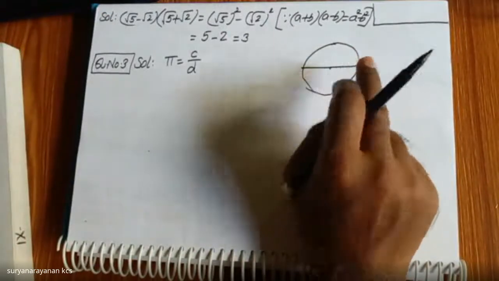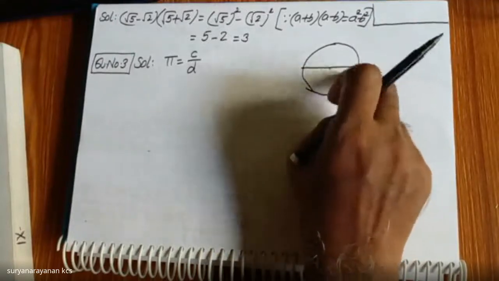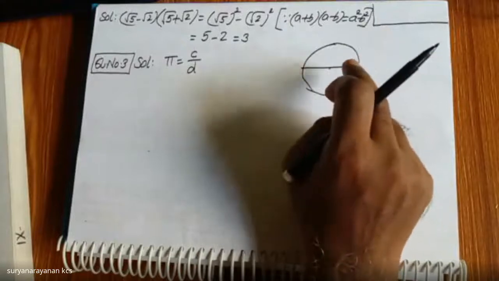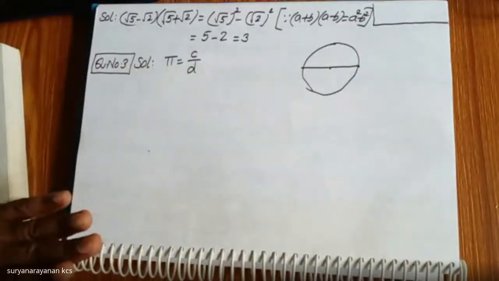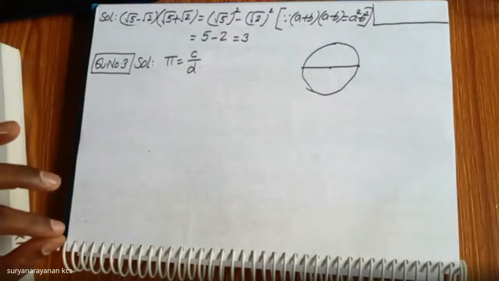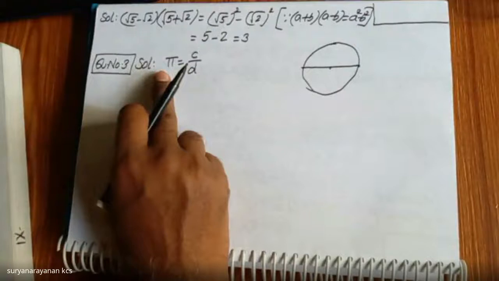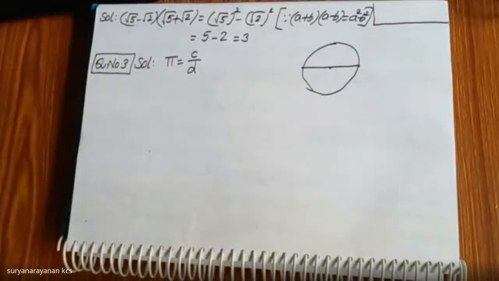It seems they are rational when measured with a scale, but actually they are not. Simultaneously, they cannot be rational numbers. That is why pi is said to be an irrational number.